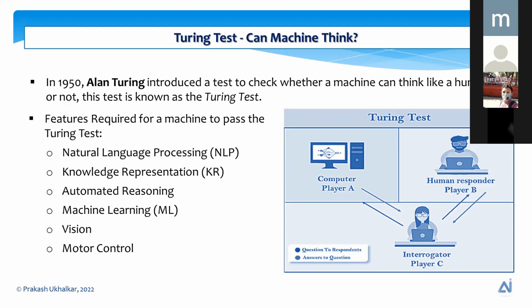So basically player A, the computer, has fooled the interrogator and made her believe that it is human, not a computer. That is the test. That is a simple test basically.